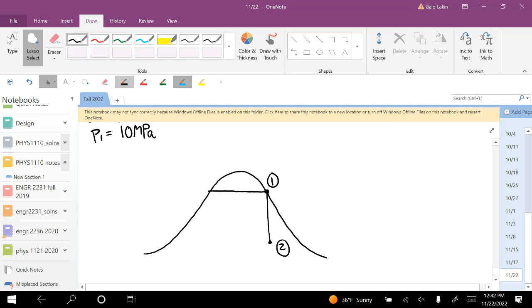Here's state 2. Here's state 3, 4. And then there's that 2-leg process going from 4 to 1 through the boiler.